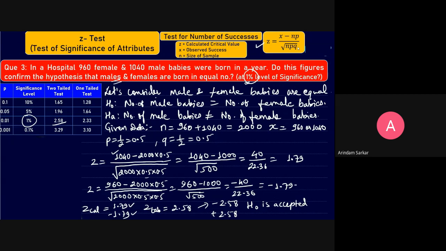So how many arguments you need to pass? The number of arguments or values, variables required to perform your test. Look at here. In case of the Z test, what are the values? You need X, N, P, Q. These are the values you need. So these are the variables you are going to pass in the Z test.